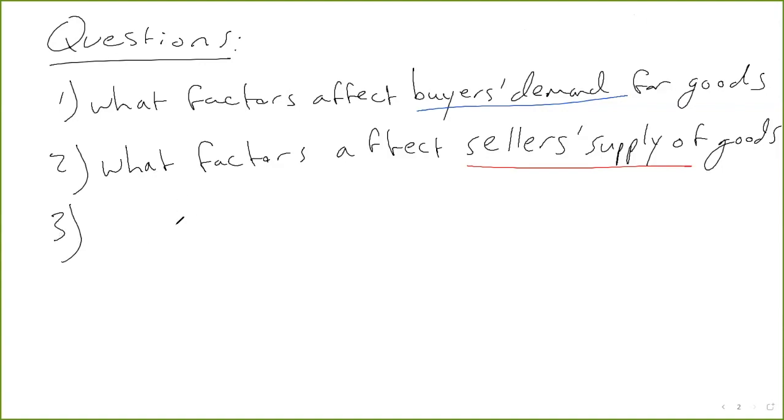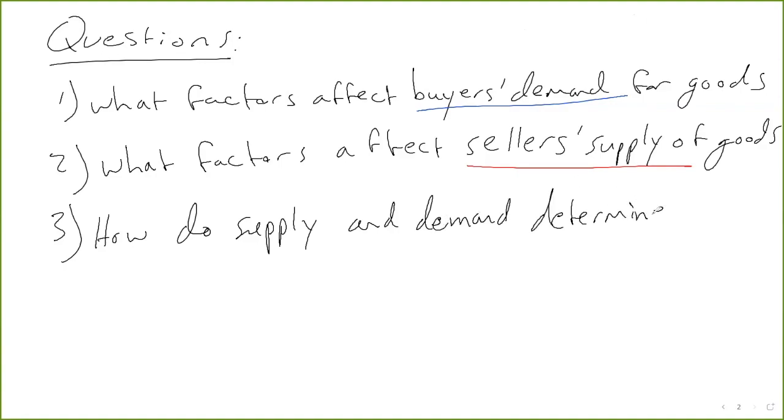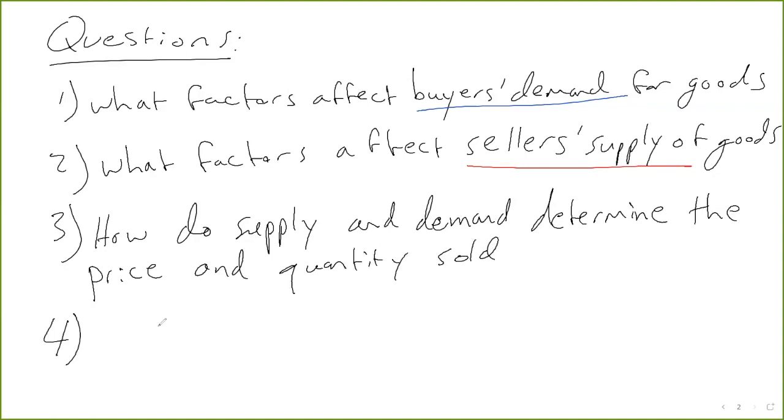We also want to know how supply and demand interact to determine the price of a good and the quantity sold. And finally, we want to know, how does changing demand and supply affect the market prices and quantities of a good?